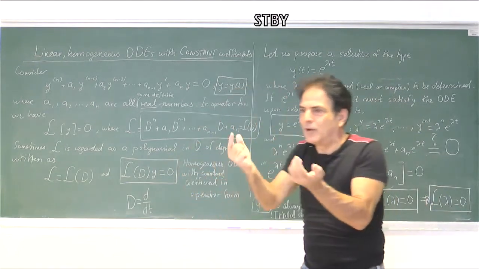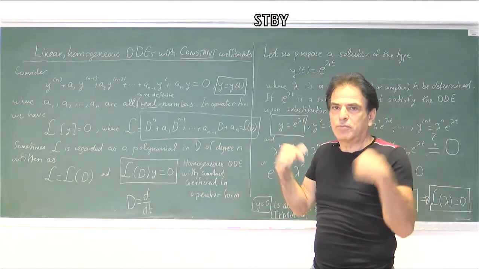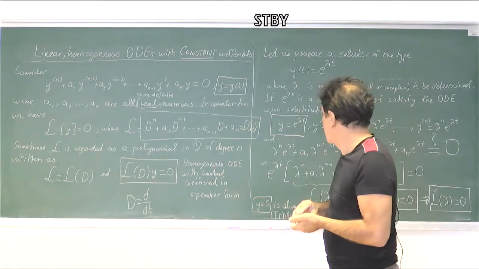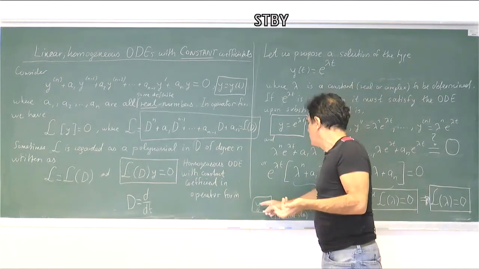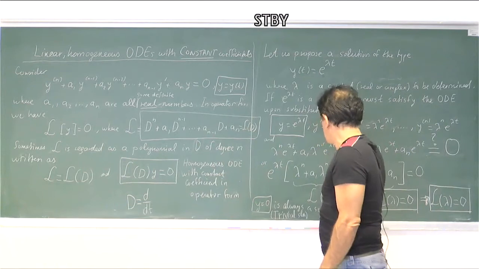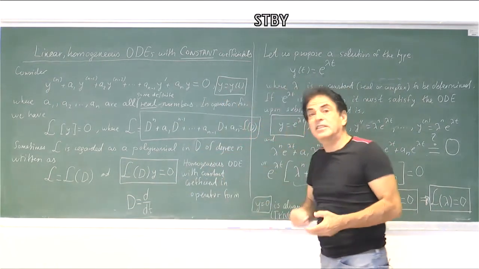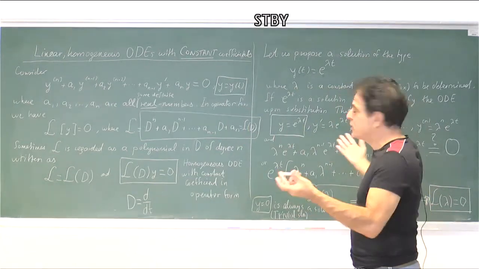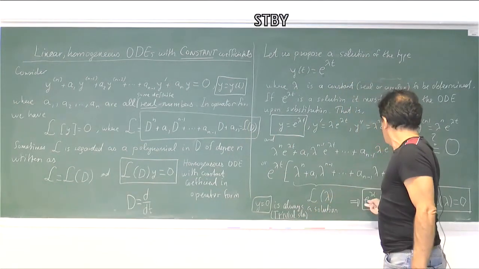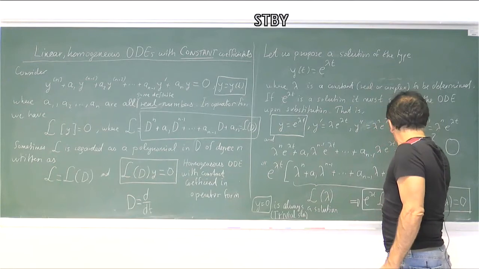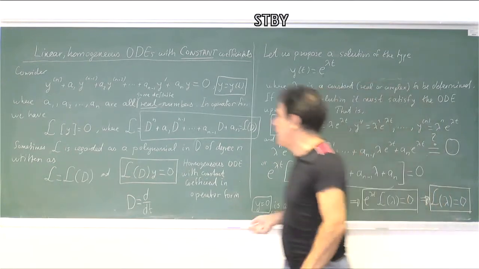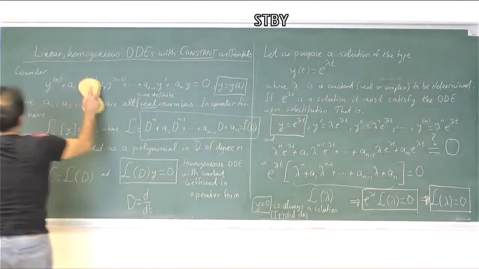So y equal to 0 is always a solution, or you can justify this: if any function is a solution, then any constant multiple of that solution is also a solution by linearity. Therefore, 0 is always a solution, called the trivial solution, but we are interested in finding non-trivial solutions. Therefore, since e to power lambda t is non-zero, L of lambda must be zero in any case. Okay.